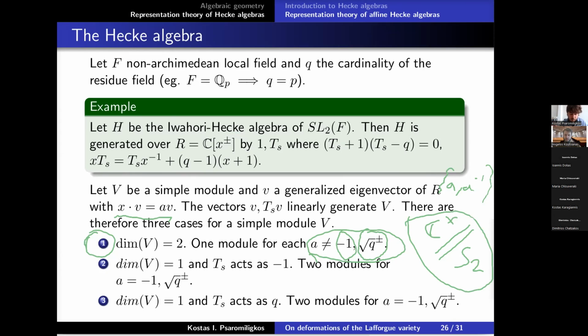So, okay, I have a bunch of two-dimensional simple modules. When do I get a one-dimensional module? Well, if my module is one-dimensional, T_s should also act as a scalar. And by this equation, this scalar either has to be -1 or q. It cannot be anything else. And I get two modules in each of these cases.